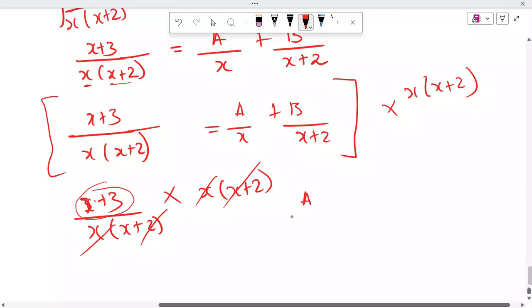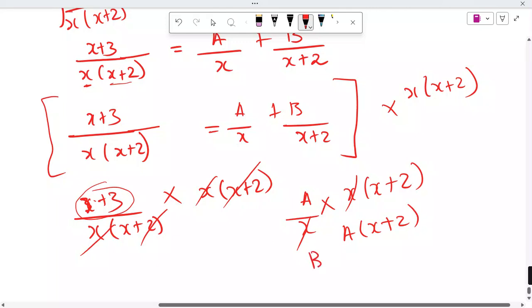So A over x multiplied by x(x + 2), this and this will cancel. So it will be just A multiplied by (x + 2). Then for B over (x + 2), we multiply it by x(x + 2). So this and this will cancel. It will just be Bx.